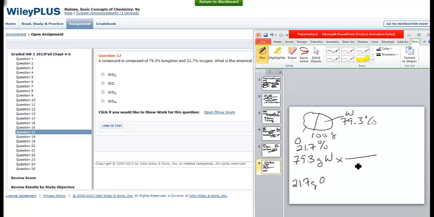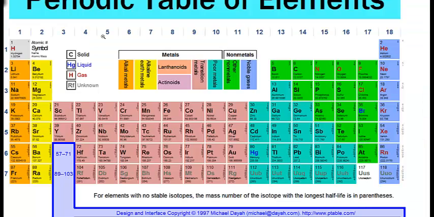So I'm going to take grams of tungsten on the bottom, and make that moles of tungsten on top. And then I'm going to take the same thing down here, grams of oxygen, and make that moles of oxygen on top. And I know it's 16.00 for oxygen.